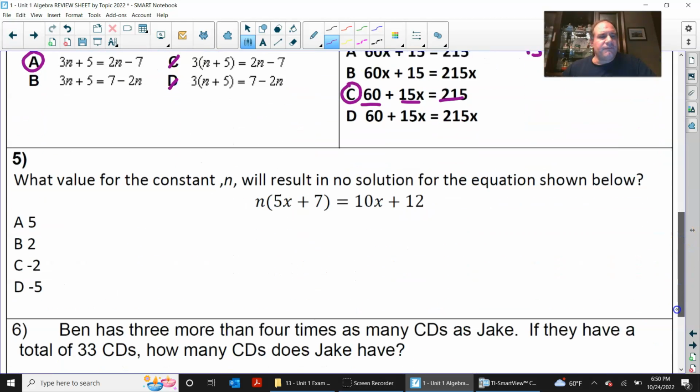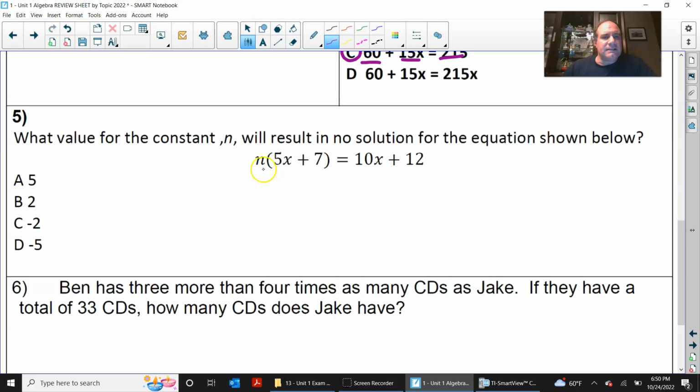All right. Number 5, what value for the constant n will result in no solution? Remember, no solution, same x value with different numbers.